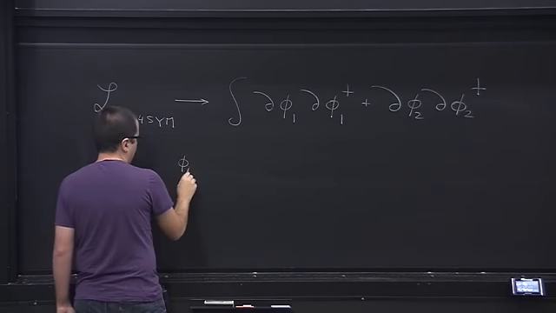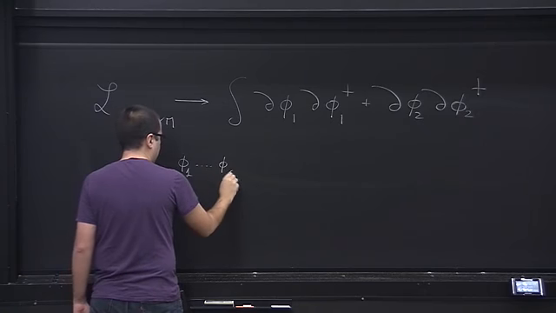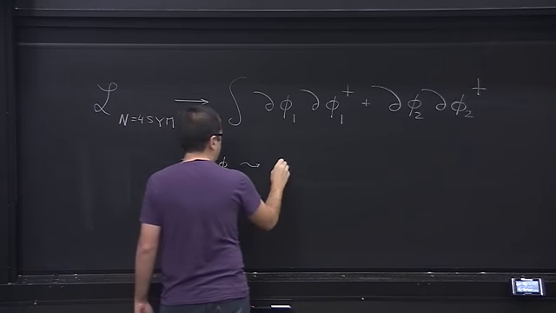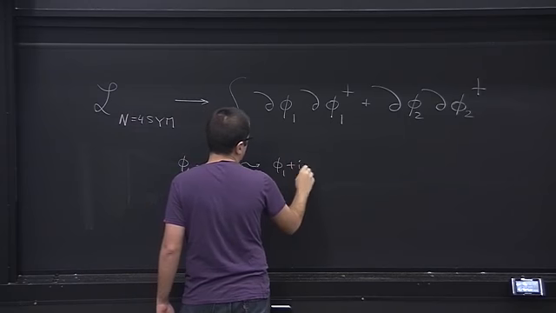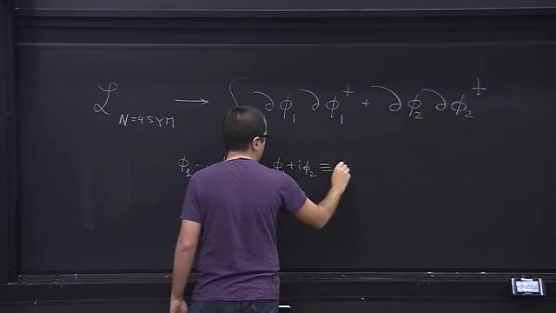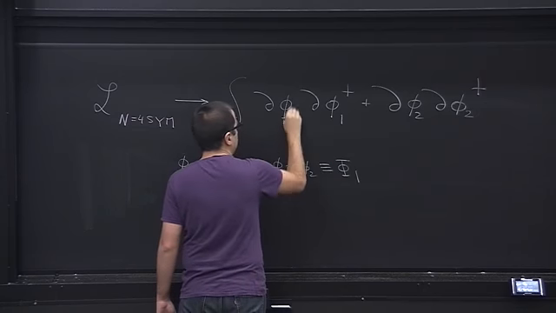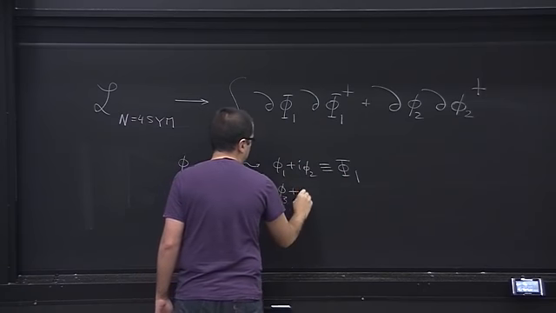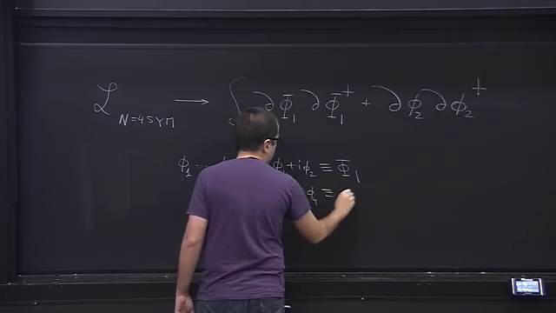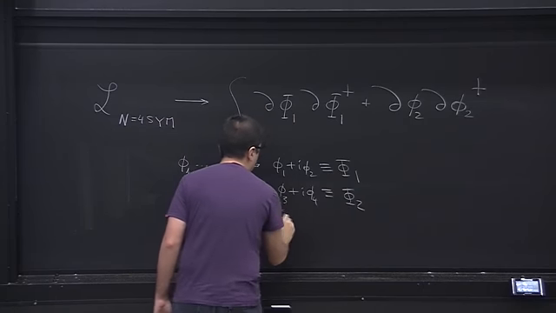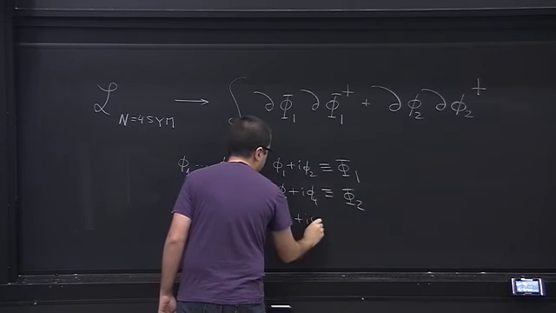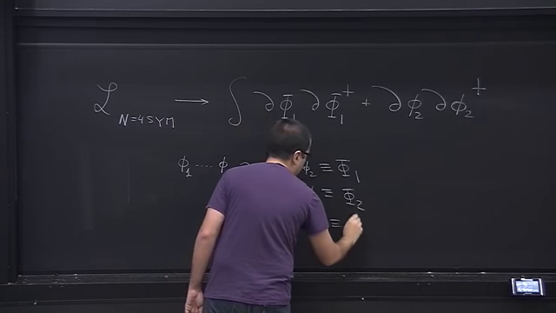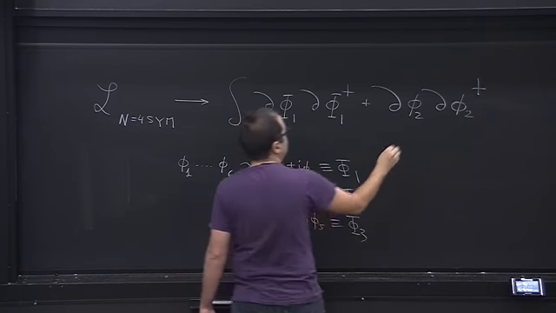Instead of using phi 1 up to phi 6, I'm using what's called SU(3) notation: phi 1 plus i phi 2, which I'm calling phi 1, phi 3 plus i phi 4, which I call phi 2, and phi 5 plus i phi 6, which I call phi 3. Okay?